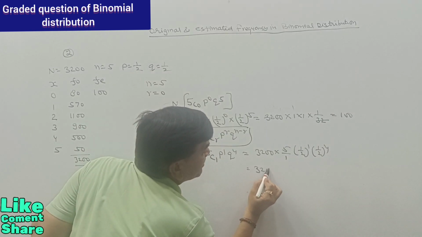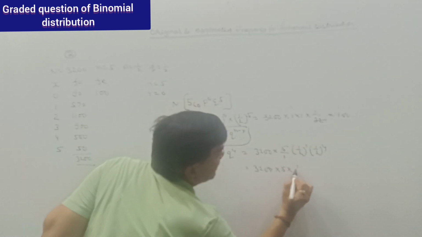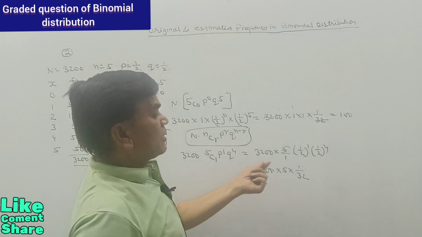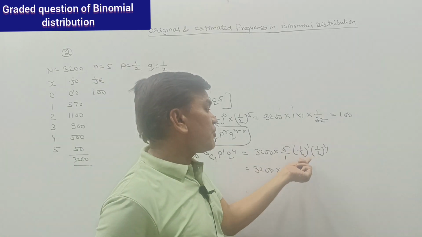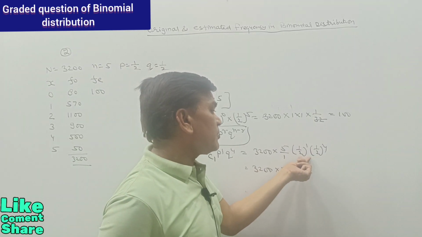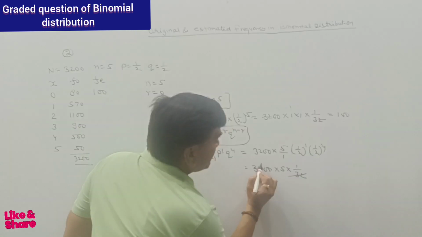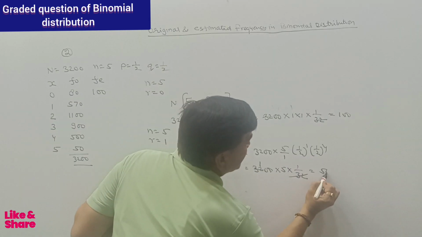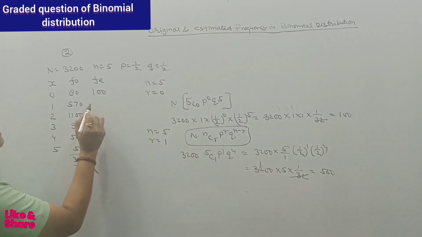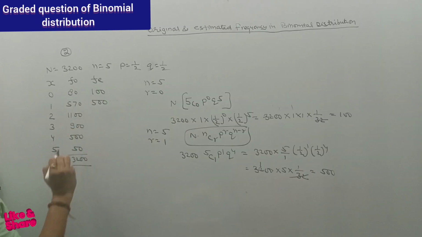So 3200 multiply 5 multiply 1 by 32, because 1 by 2 and 1 by 2 raised to power 4 converts to 1 by 2 raised to power 5, and this is 1 by 32. So we have that is 500. So the estimated frequency here is 500.